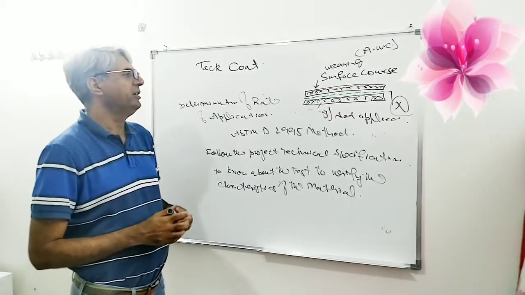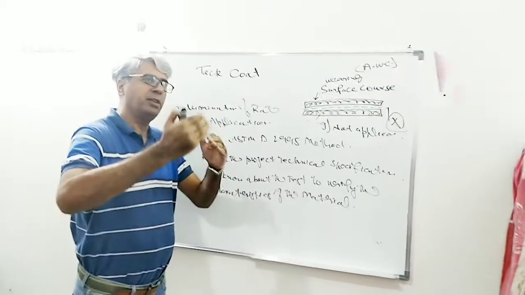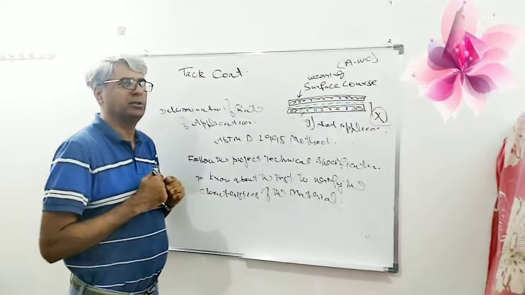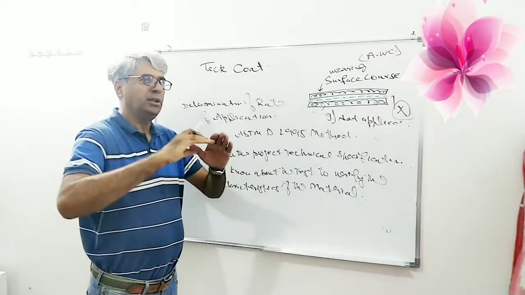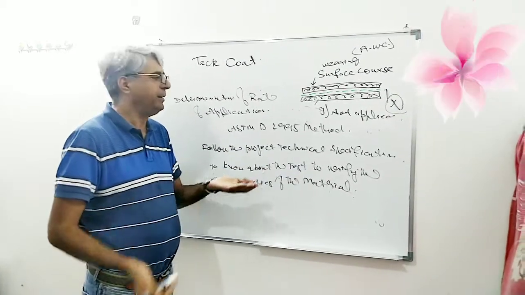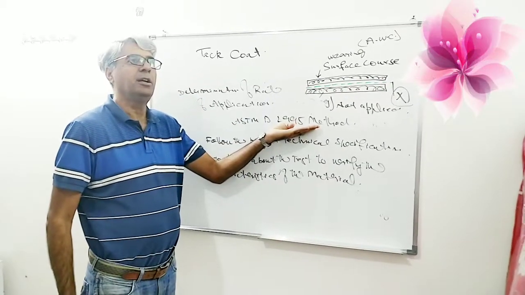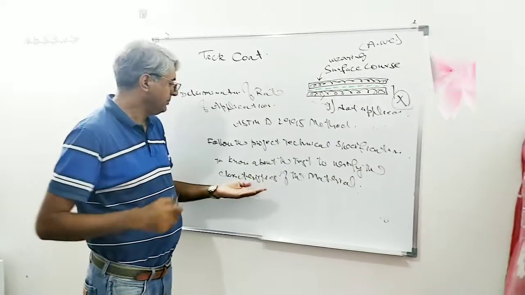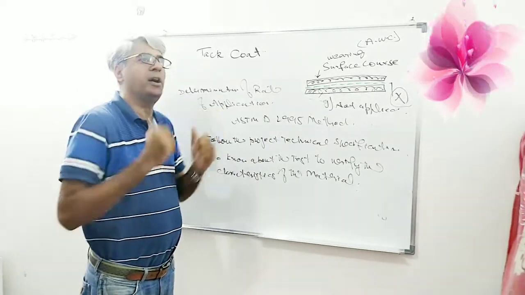I hope you have understood it very well. I have just given you the introduction of where we are going to apply the tack coat. After this introduction, I have told you what the conditions of application are. After the conditions of application, I have told you how we have to determine the rate of application. After this, the last point which I have just explained to you: go through your project's requirement.